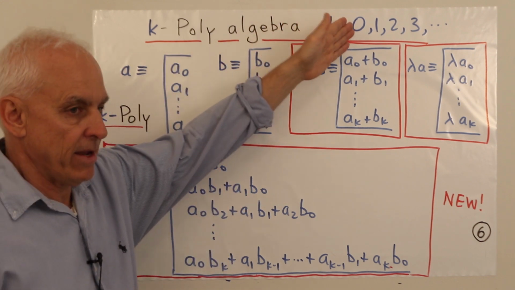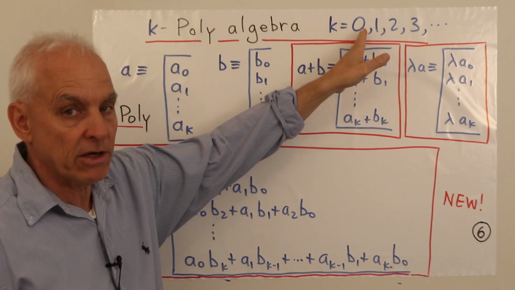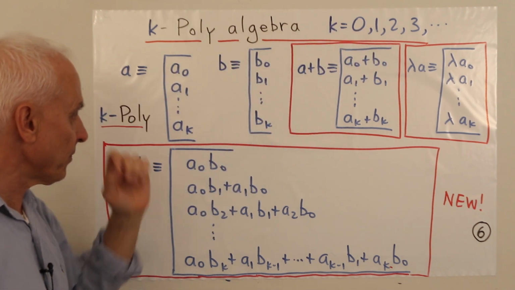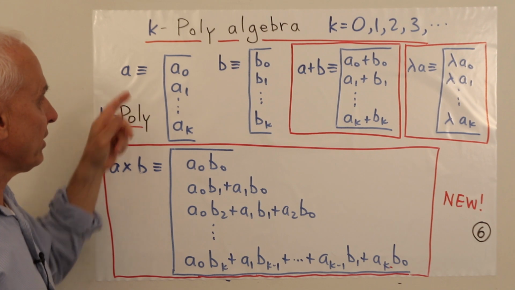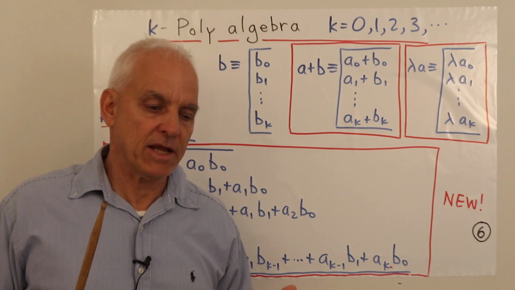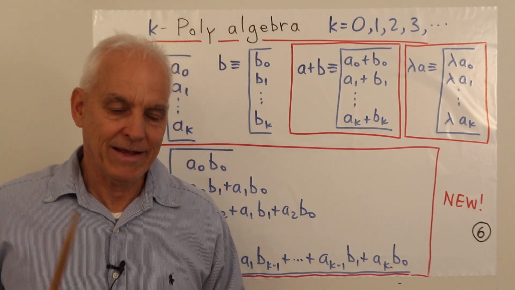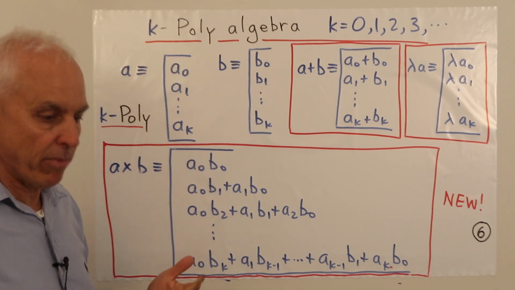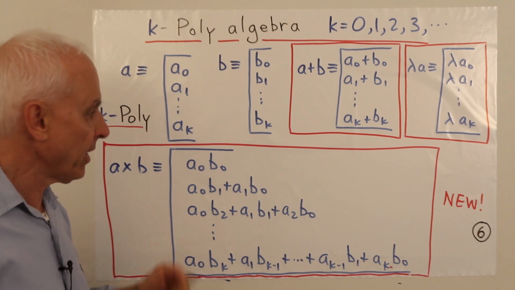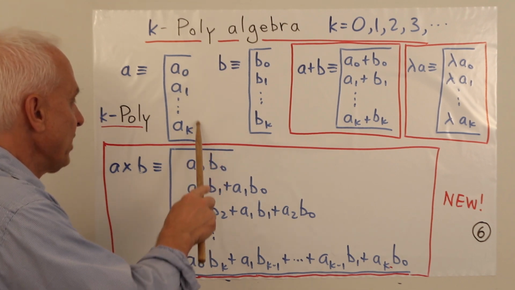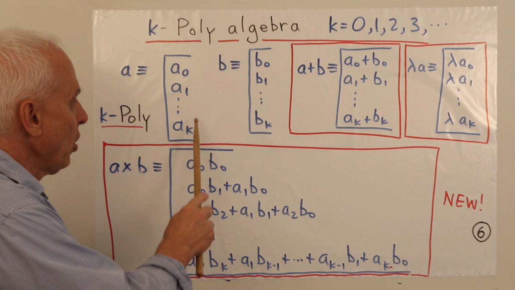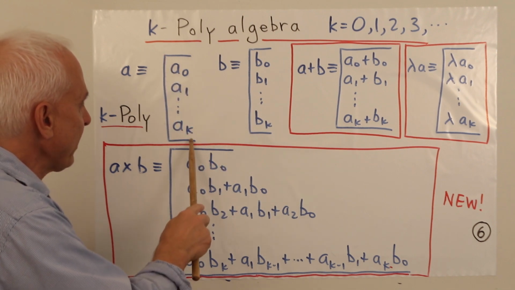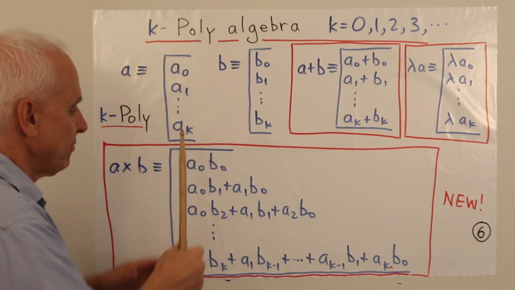So choose a k, a natural number, including 0, so 0, 1, 2, 3, or whatever. Then here is what an element in this K-poly algebra looks like. It is a vertical list of rational numbers, a0, a1, up to ak, enclosed in this kind of bracket border.